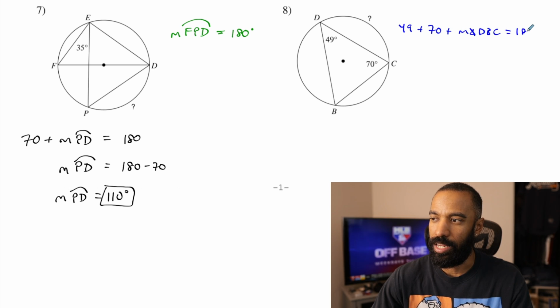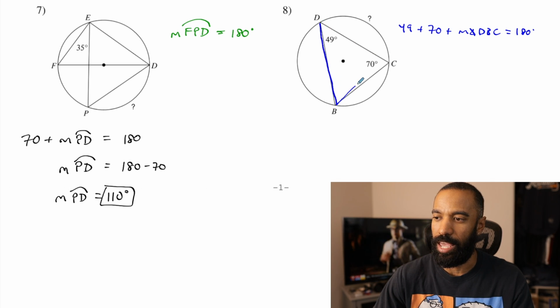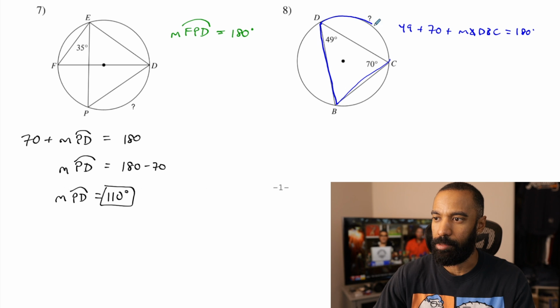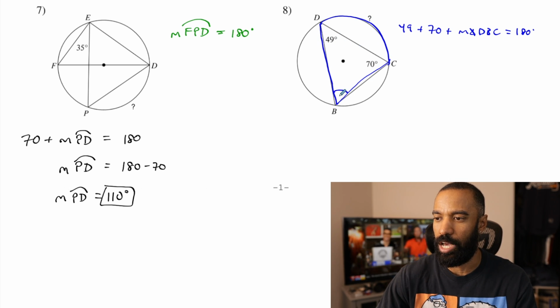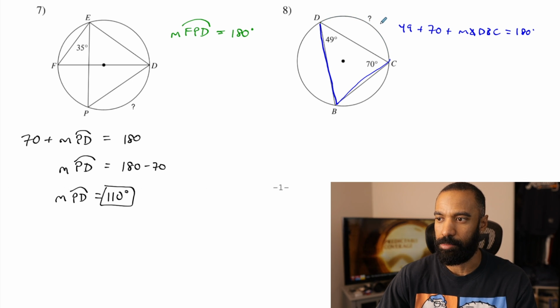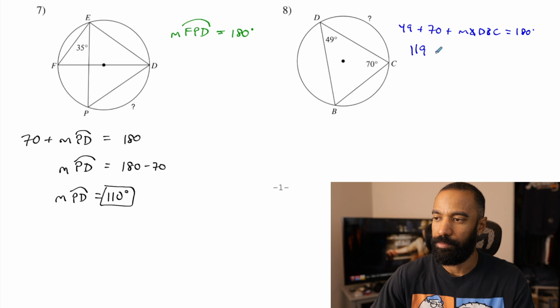And I bring that up because DBC is an inscribed angle for this intercepted arc. So if I find out what DBC is, I will double it and I will get the intercepted arc measure here. So 49 plus 70 is 119.